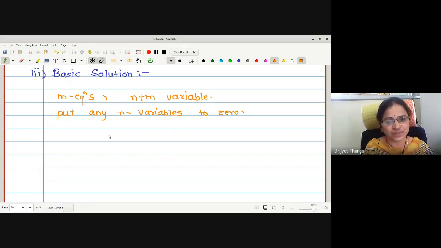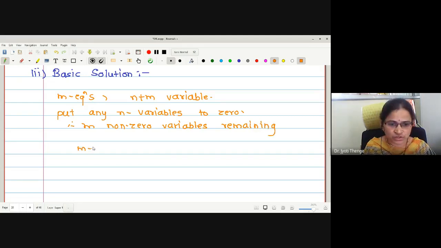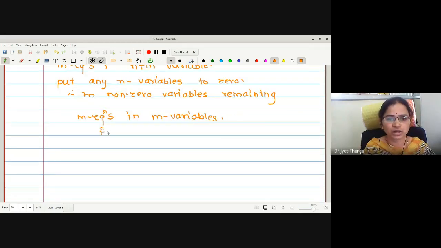Then how many remain with us? m variables remain, m non-zero variables. Then the system of equations becomes m equations in m non-zero variables. Then what is the nature of the solution? The nature of the solution is finite or unique. Correct? m equations in m variables will have a finite or unique solution.